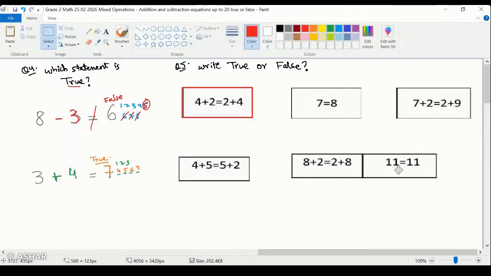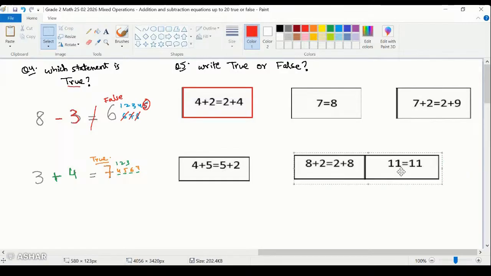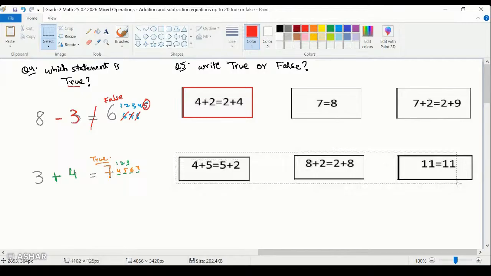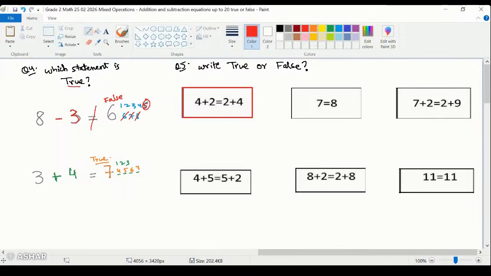We know that 4 plus 2 equals 6. Then 2 plus 4 would also be equal to 6. Agreed? If I would say this is part A. Yes, perfect. They both are equal to 6, right? That means this is a true statement.